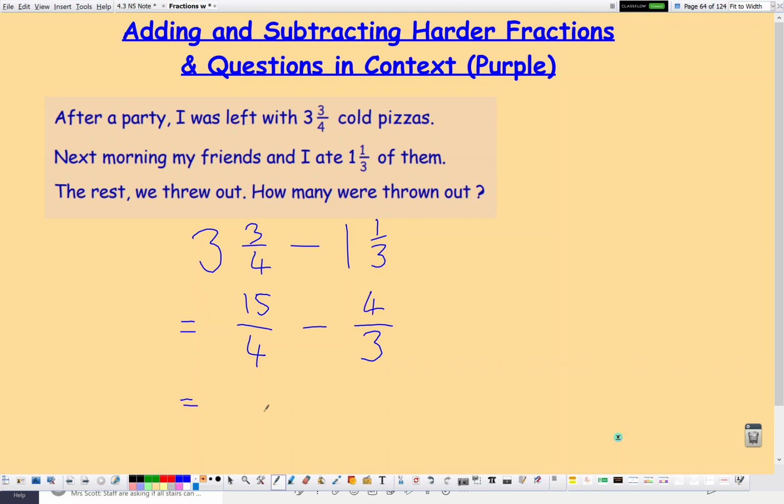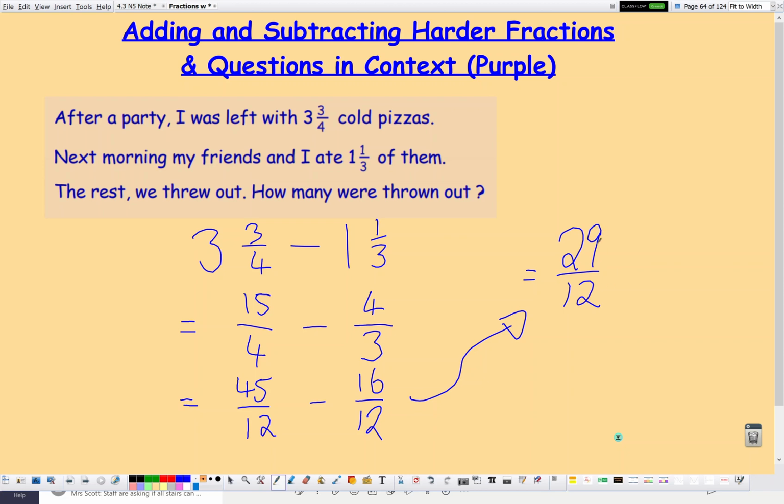Lowest common multiple of 4 and 3 is going to be 12. 4 times 3 was 12, so I have to do 15 times 3, 45. 3 times 4 is 12, so I have to do 4 times 4, it's 16. Take this up here. 45 over 12 minus 16 over 12, well they're both now over 12, and it's 45 minus 16. So that's going to be 29.